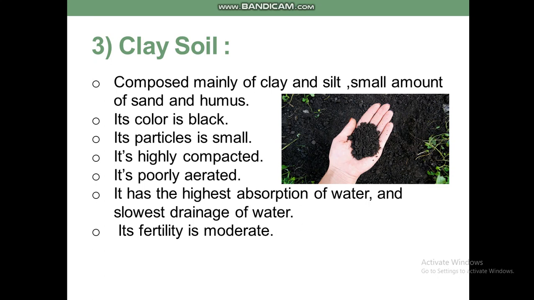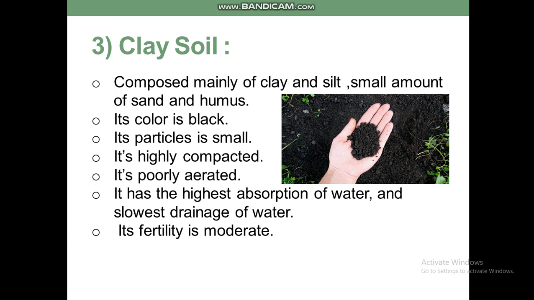And the clay soil can retain or hold the water inside it for a long time. So it has the slowest drainage of water. It cannot get rid of the water in a short time. It needs a very long time to get rid of it. Its fertility is moderate.